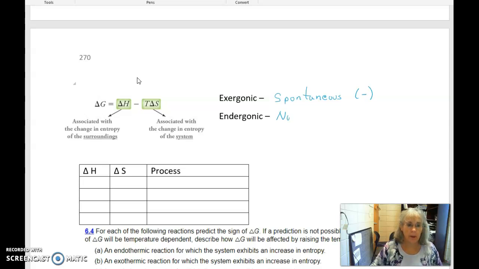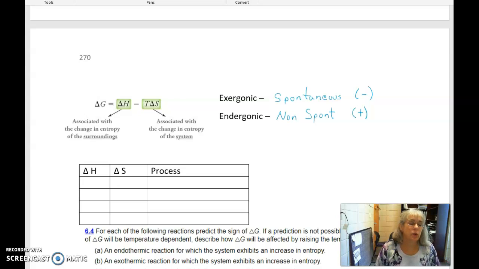Endergonics are non-spontaneous, and they will be positive. We keep our negatives and positives straight. Okay, so here's our reaction.